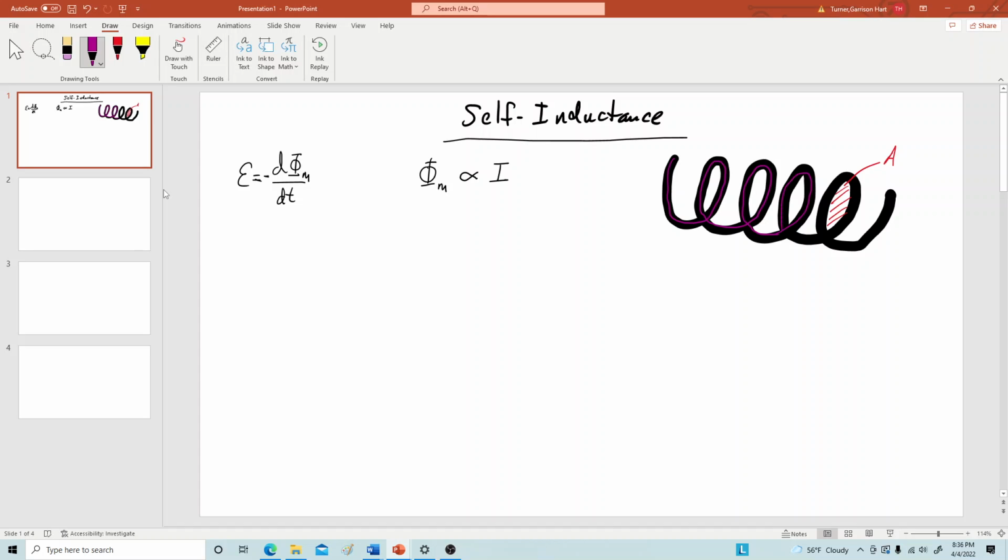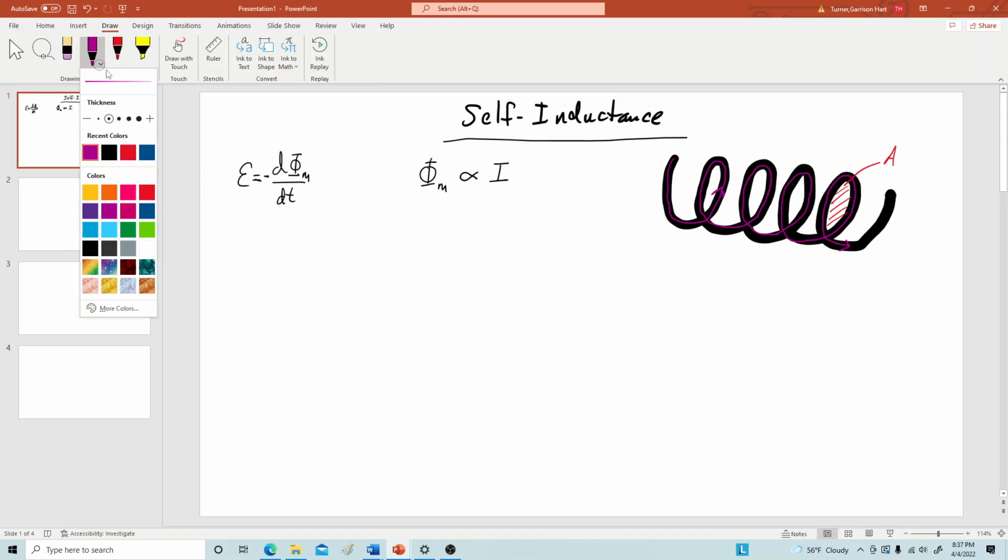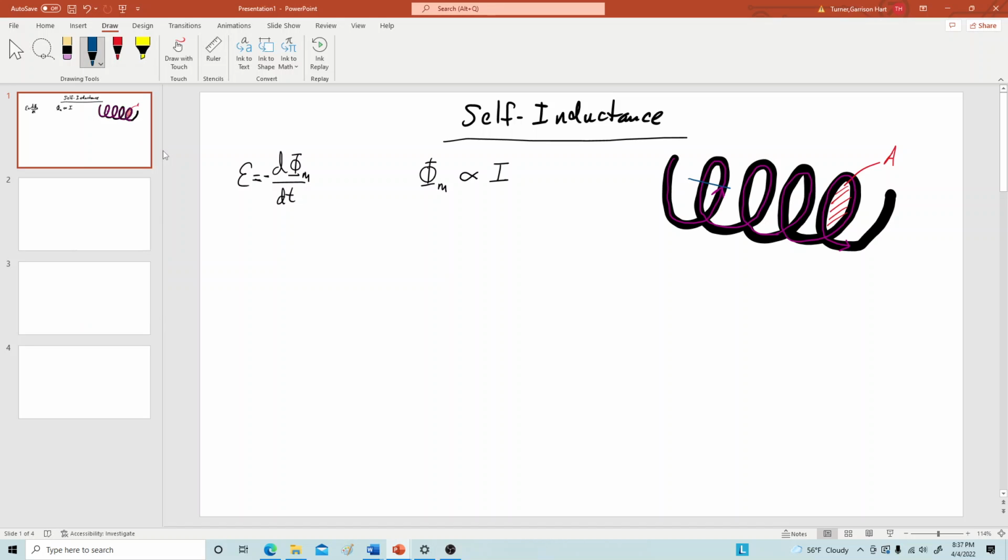So if I have a little bit of current flowing this way, what direction would the right hand rule tell us? If my current is in this direction, then the magnetic field is going to be in this direction through the center of the coil.